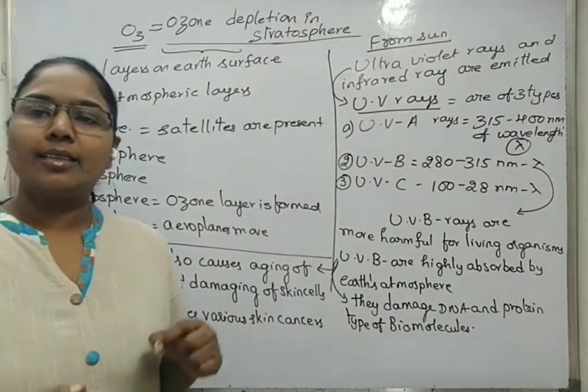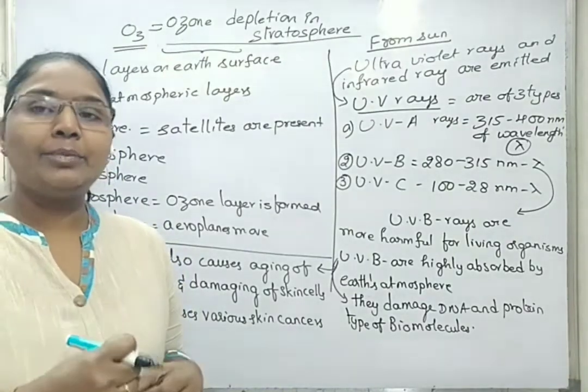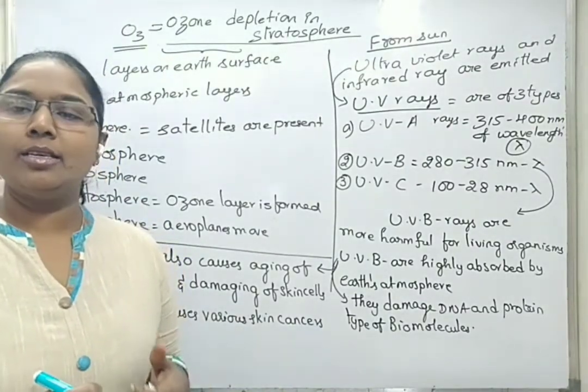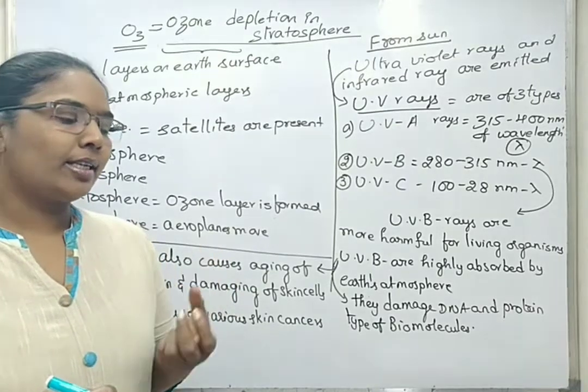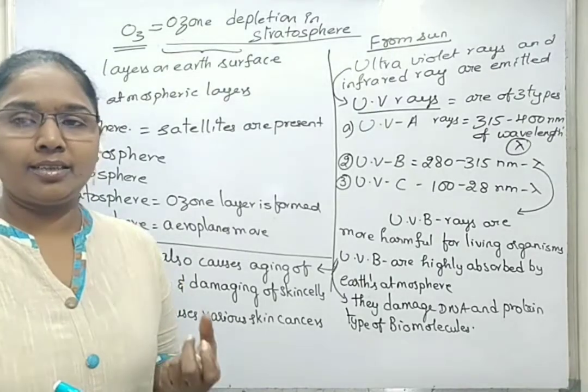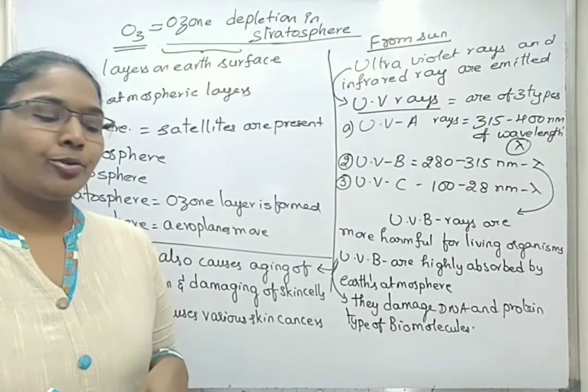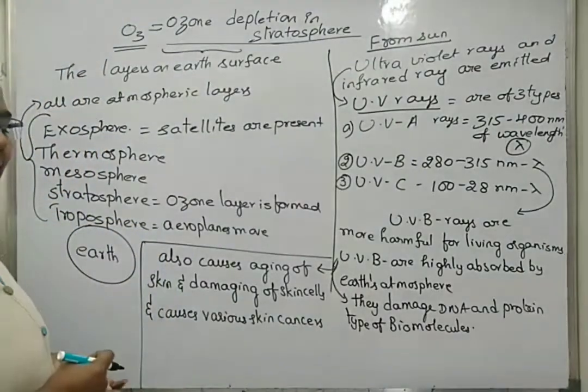Not only the skin, the cornea of the human eye is highly prone to absorption of UV rays. So it causes a special type of inflammation, and the cornea will be highly affected, and it leads to the formation of snow blindness or cataract formation.